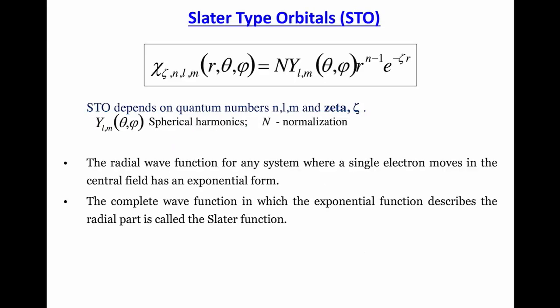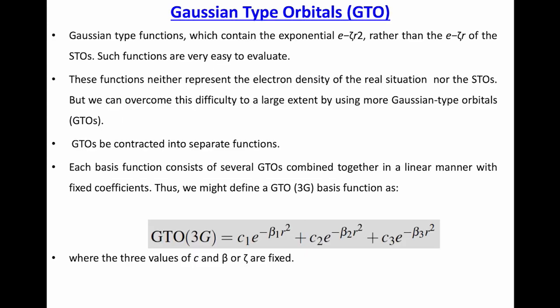STO and GTO are two different types of basis functions. STO is represented by the equation that we have already studied in the previous chapters, and this is GTO. Three GTOs together, this 3G, represents three basis functions, and 1 STO is equal to 3 GTO.